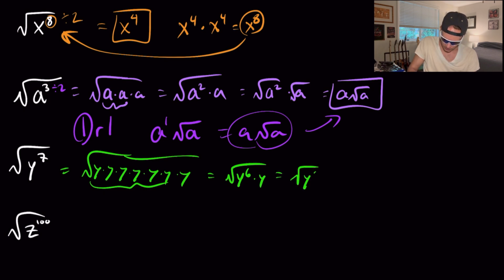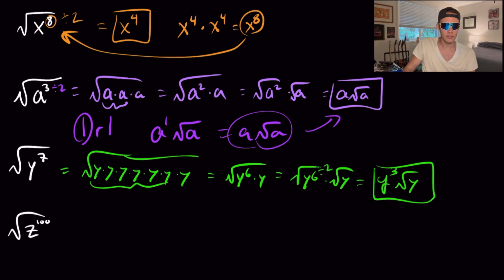You'll have square root of y to the 6th times square root of y. What times itself is y to the 6th? Well, here, since it's an even exponent, you can just do that divide by 2 trick, and we'll get y to the 3rd, and then the square root of y, can't simplify that any further, so we'll just leave it be, and that's our answer, y to the 3rd root y.